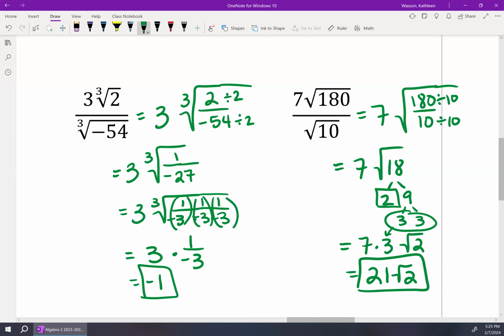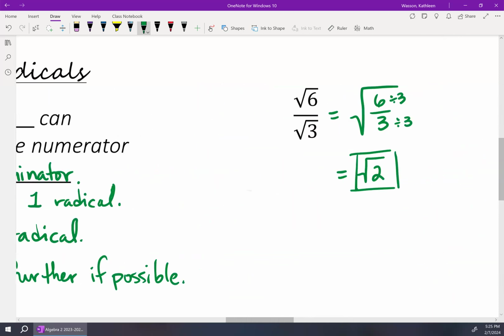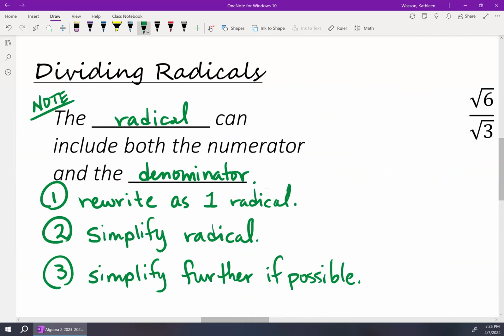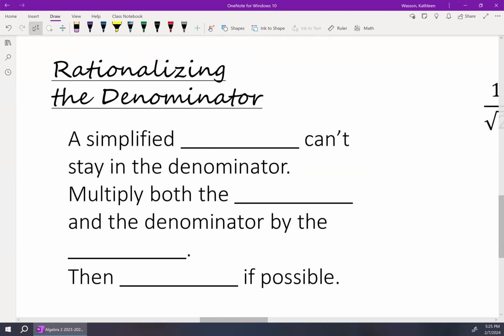One other rule when you're simplifying or when you're multiplying and dividing, and it is a rule for simplifying radicals, but we haven't needed to use this yet, is that you have to rationalize the denominator. What that means is a simplified radical can't stay in the denominator.